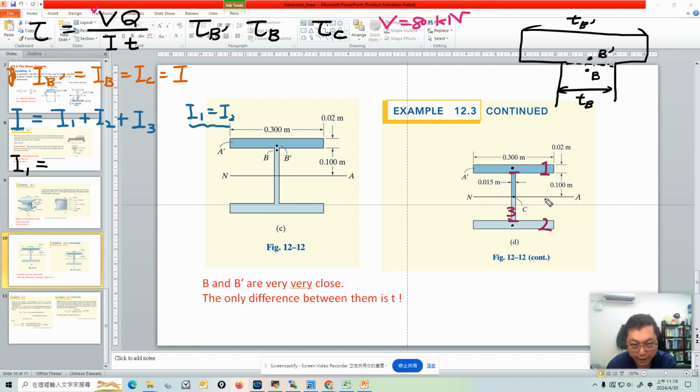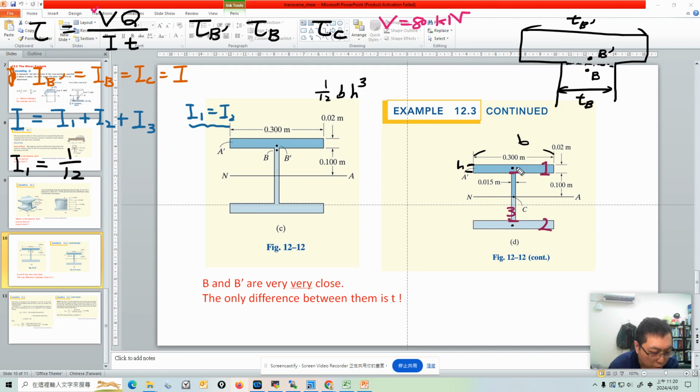But first, you still need to calculate the moment of inertia of area 1 around its own centroidal axis, so don't forget our formula. The neutral axis is horizontal, so here is your b and here is your h, so it's 1/12 b h cubed.